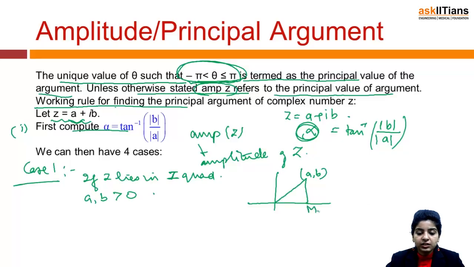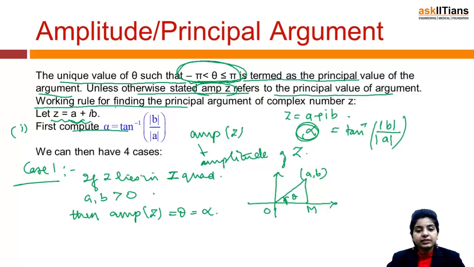And suppose this is my origin, this is the real axis and this is the imaginary axis. Then this value of theta, the amplitude of z or the principal argument of z, would be equal to theta, which is equal to alpha.